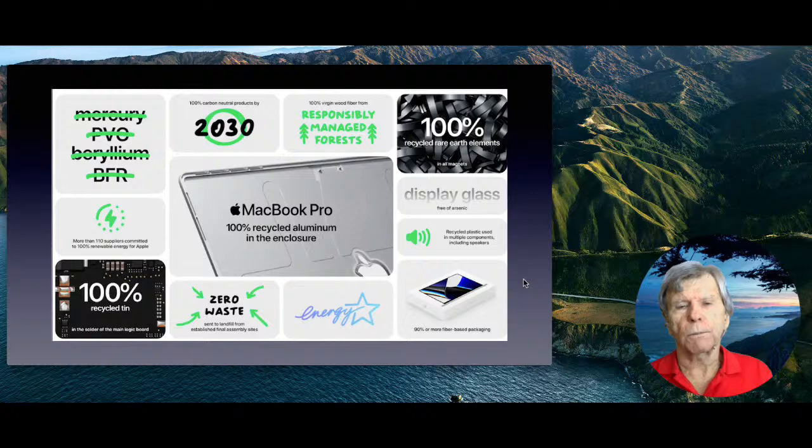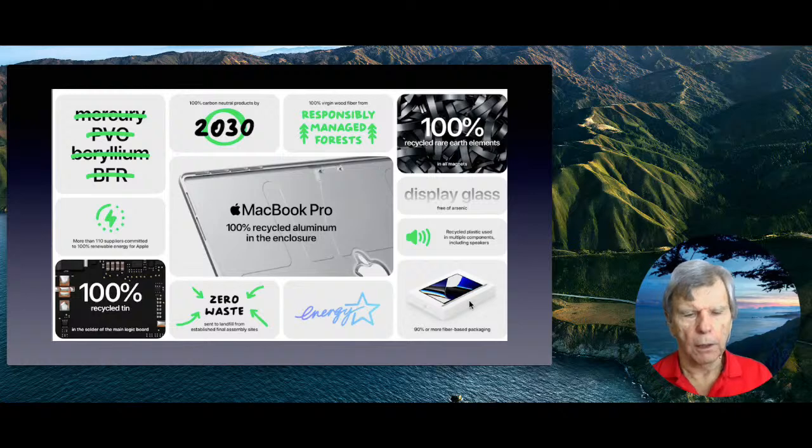Apple continues to be as green as they can. So this MacBook Pro, as in the past, is made of 100% recycled aluminum. Their goal is to be 100% carbon neutral by 2030. They're keeping out all these toxic substances, and their 110 suppliers are committed to 100% renewable energy as soon as possible.